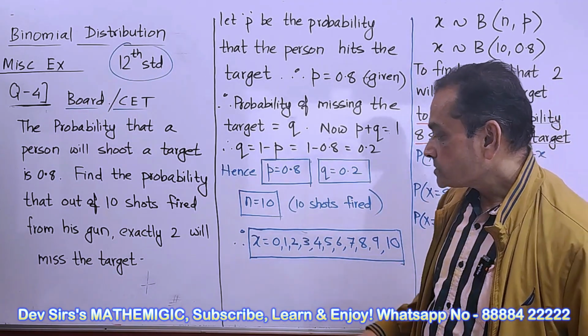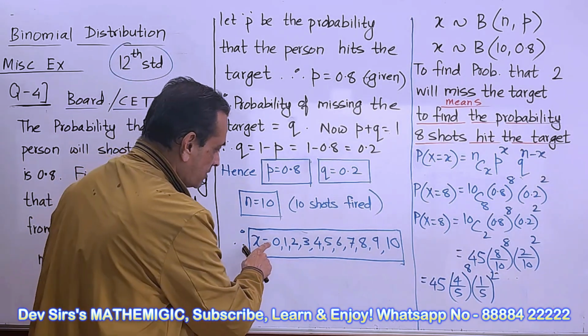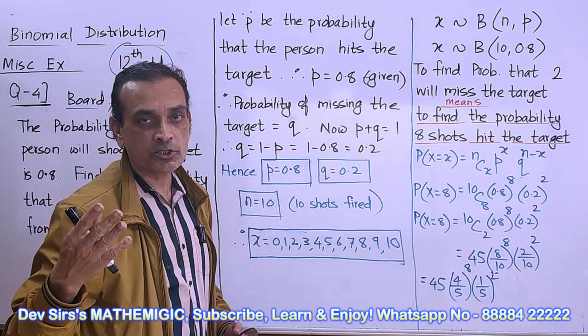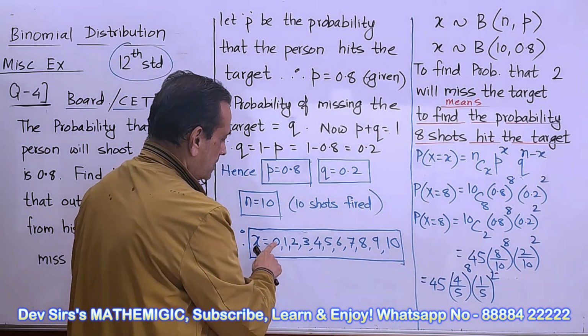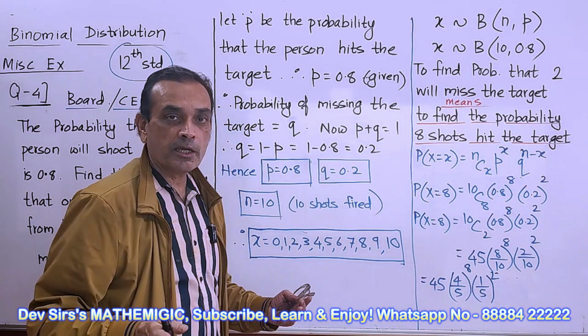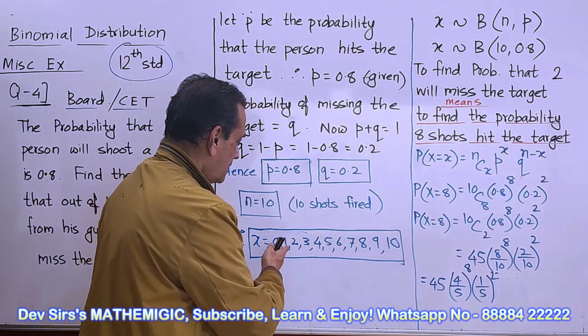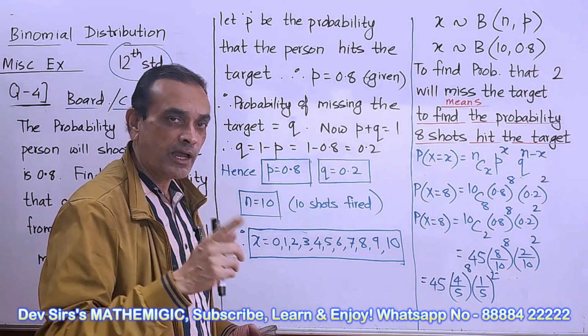So what does X represent? 10 means all 10 times the target is hit. He is a sharp shooter. 0 means not a single time he hit the target, a poor shooter. 1 means out of 10, only 1 he hit, and so on.